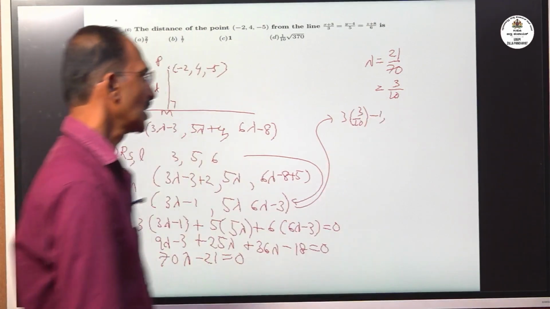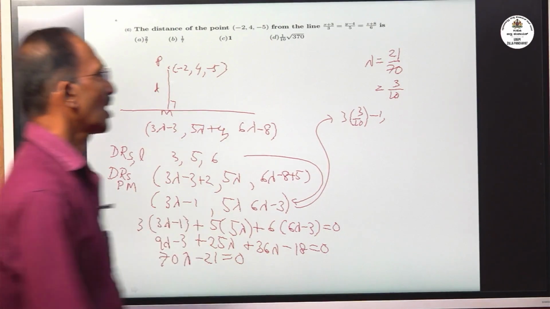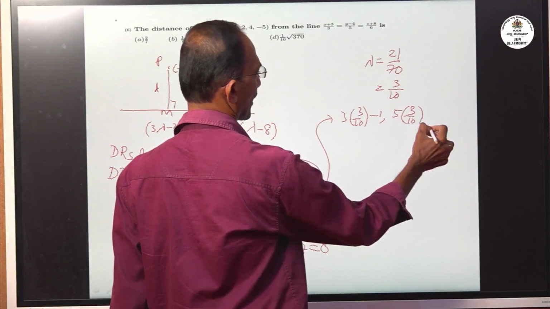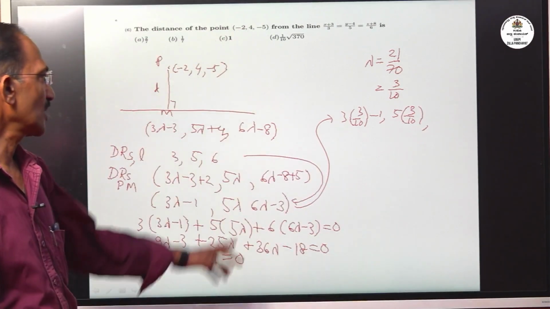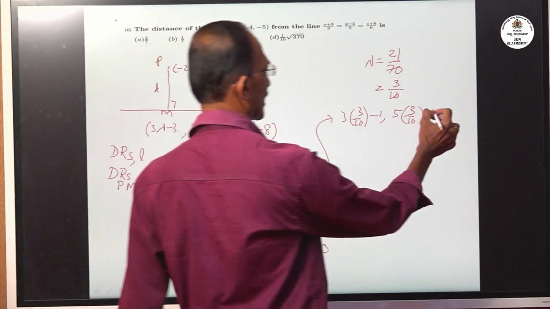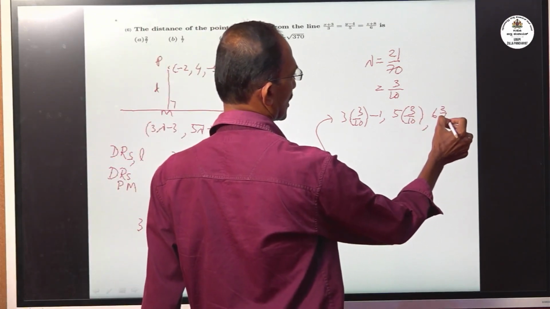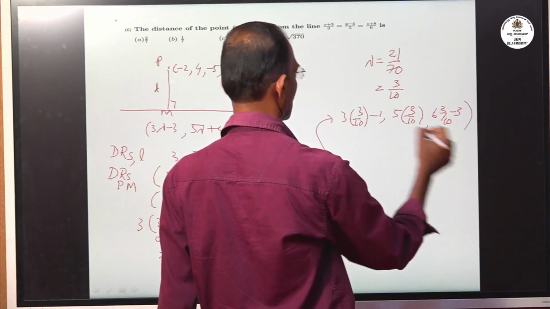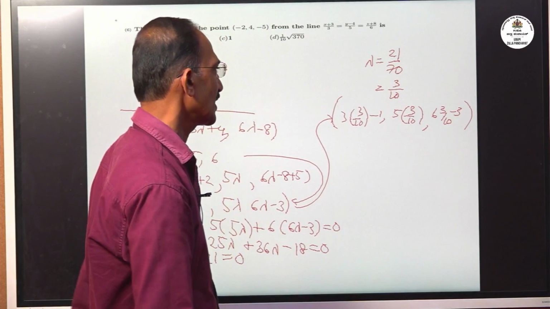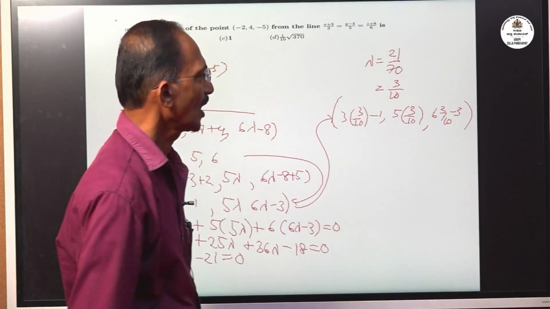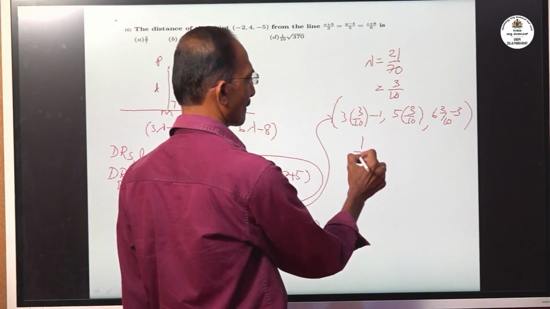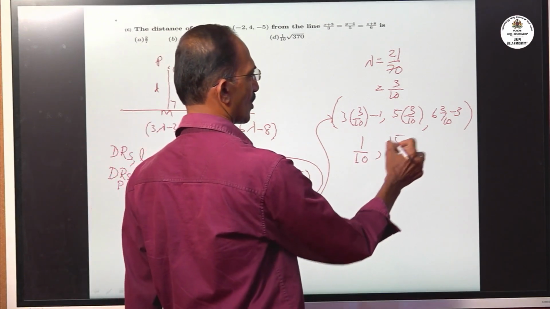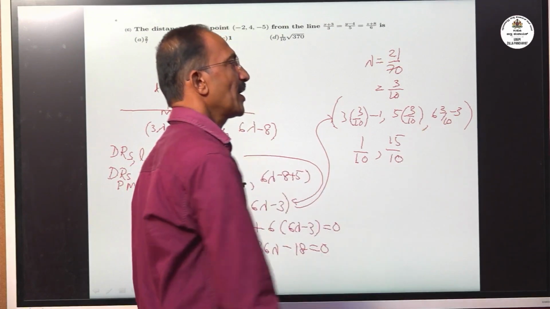So that is first term, and 5 lambda, that is 5 into 3 by 10, and lastly we are getting 6 lambda minus 3, that is 6 into 3 by 10 and minus 3. So clearly it is 9 by 10 and it becomes 1 by 10, comma 15 by 10, 15 by 10, and here 18.